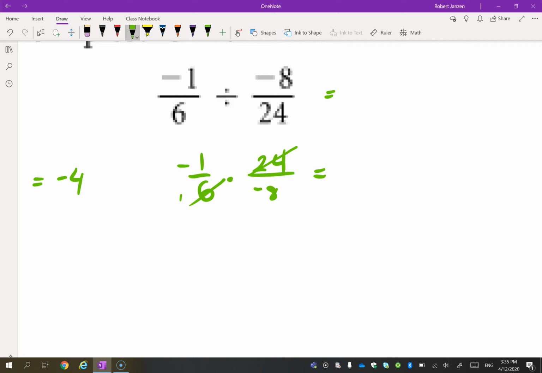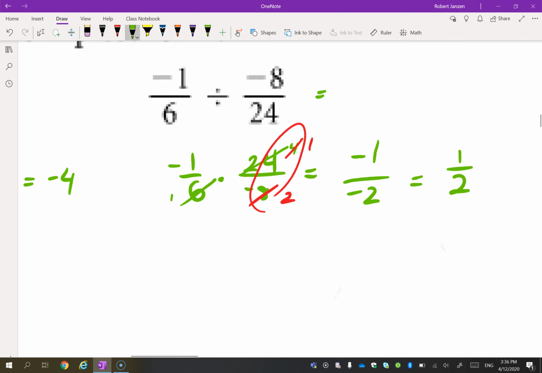If I divide 24 by 6, I get 4. And then I can cancel out something here. I can divide both by 4, so I get 1 and I get 2. So now multiplying across the top, I have -1 times 1, that's -1. And here I have 1 times -2, which is -2. Cancel that out, I get 1 over 2.